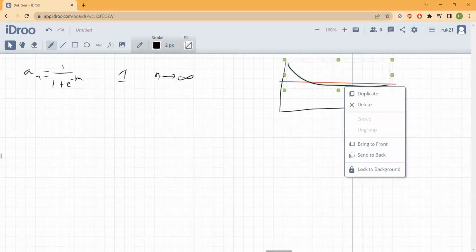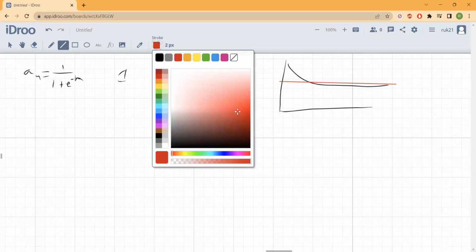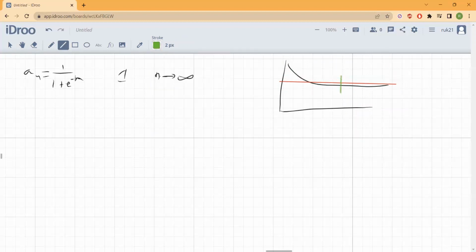Perfect. And now, the way limits are defined is that past a certain k, so if we drop a certain arbitrary number and call it k, here's the line, this is k.